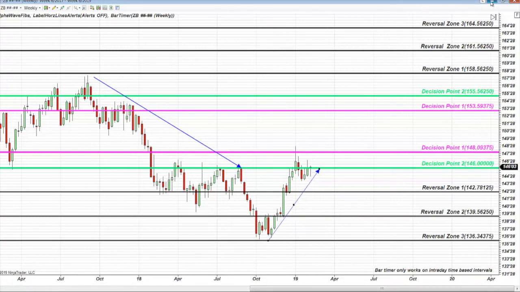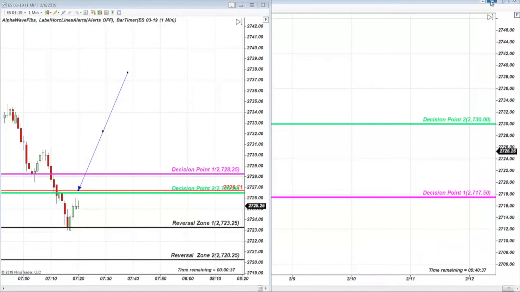Just like S&P does right now. Exact same problem in front of you on S&P. Very different chart, exact same Fibonacci levels, very different strategy.